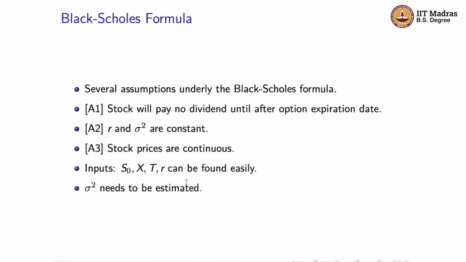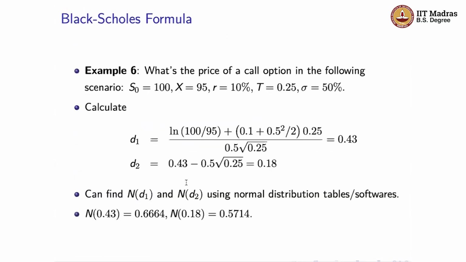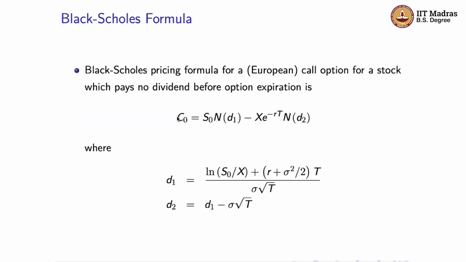So basically, you can go back here in the formula, and it's as if you know C0, you know S0, you know X, you know R, you know T. So the only thing that you don't know in this formula is this sigma. So then you numerically solve this equation for the value of sigma that is consistent with all of these equations holding together simultaneously.